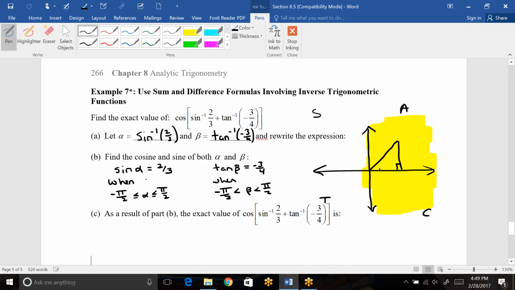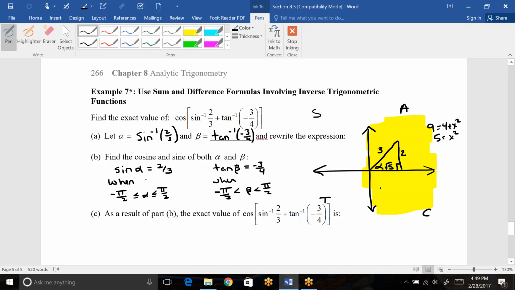So let's put our information here. This is going to be alpha, and this would be opposite over hypotenuse, and we're going to use the Pythagorean Theorem to find that x. So that would be square root of 5, and it's positive since we're in quad 1. For tangent of beta, we need tangent to be negative. Tangent's positive in quad 1, because everything is positive in quad 1.